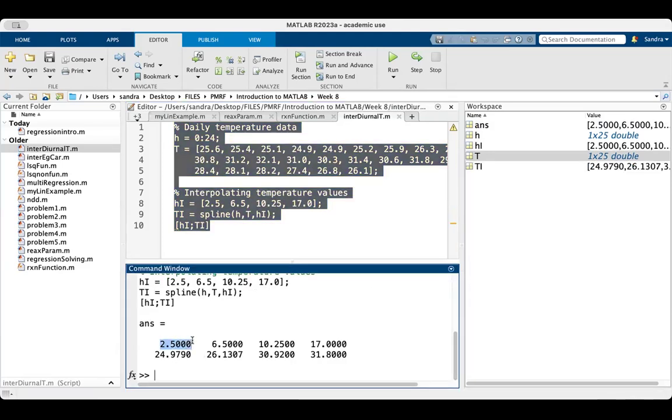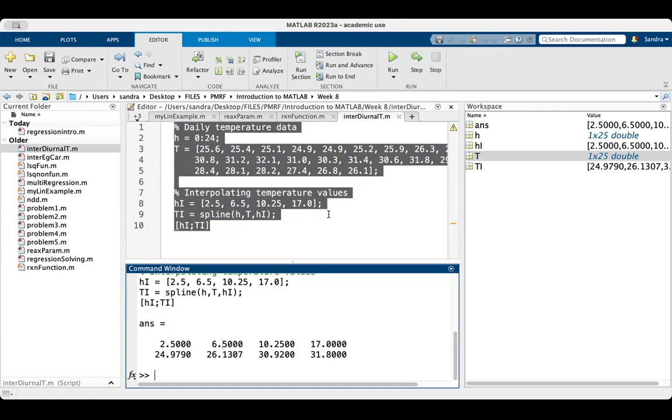So this will be the answer. For 2.5 hours, my temperature is 24.9790. For 6.5 hours, the temperature is 26.1307. For 10.25 hours, it is 30.92 degrees Celsius. And for 17 hours, it is 31.80.